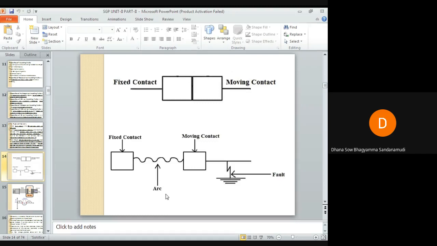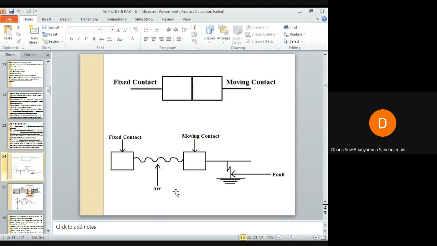We must extinguish, or quench, this arc as soon as possible, within the shortest possible time, so that the heat generated by it may not reach a dangerous value.